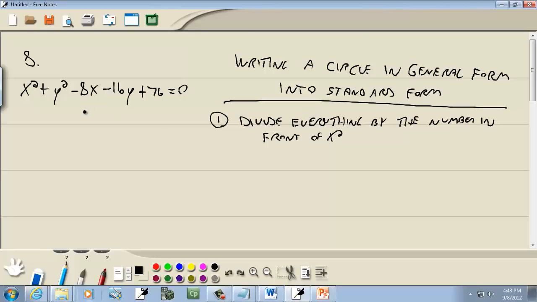Well, there isn't a number in front of our x squared, so we don't have to worry about that. You'll find none of your problems in a section will need that step. But okay, step 2.